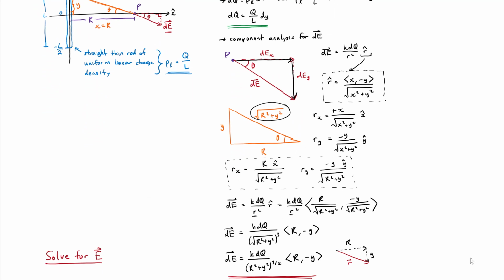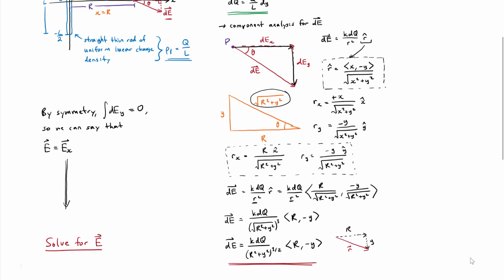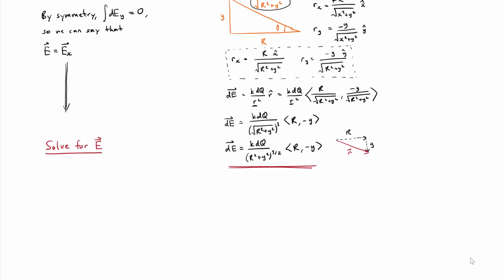So by symmetry, the integral of dEy should be equal to 0. So we can say that the electric field E will solely come from the electric field calculations in the x direction. And that's what we're going to do here. We're going to solve for E, and we're going to make life easier by setting it equal to Ex.